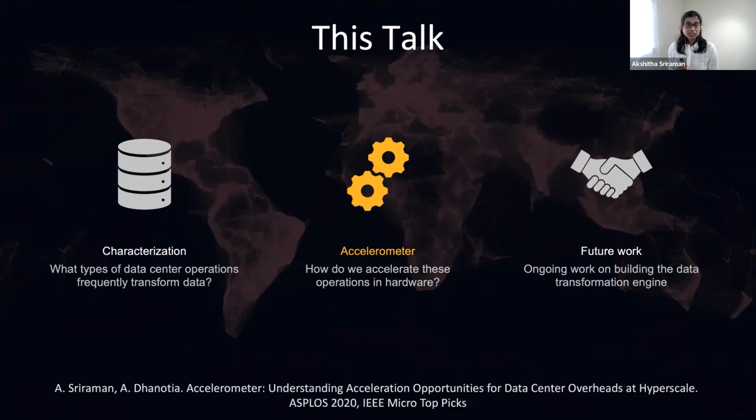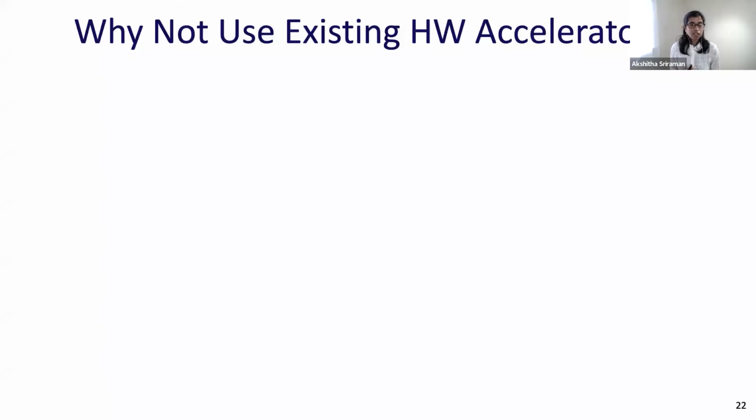So then we went on to model how to build an accelerator for these orchestration operations that frequently transform data. So yes, we need to accelerate some of these lower level orchestration operations, sure. But you might say, well, why can't we just use an existing hardware accelerator to solve the problem, right?